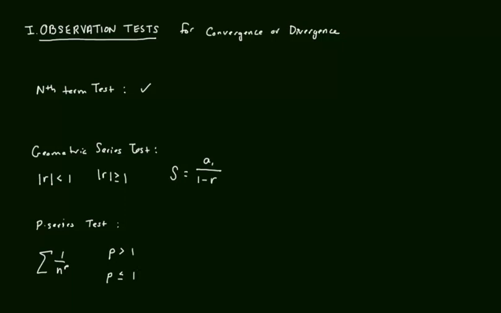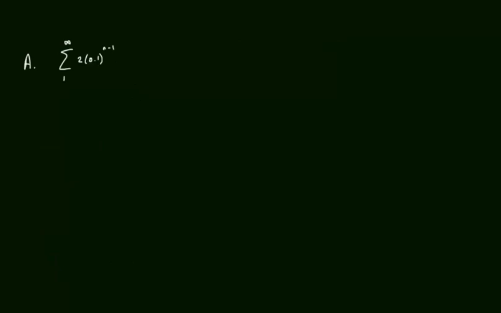In each one of these, by observation, we should be able to tell whether the series converges or diverges. In some cases, maybe we will only determine that further investigation is required. Example A. The series from n equals 1 to infinity of 2 times the quantity 0.1 to the n minus 1.